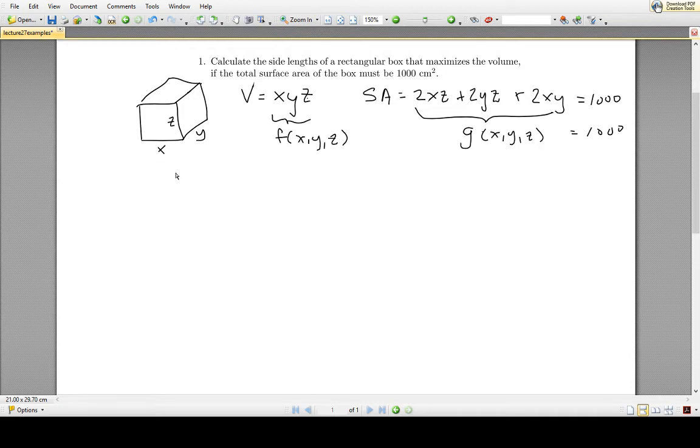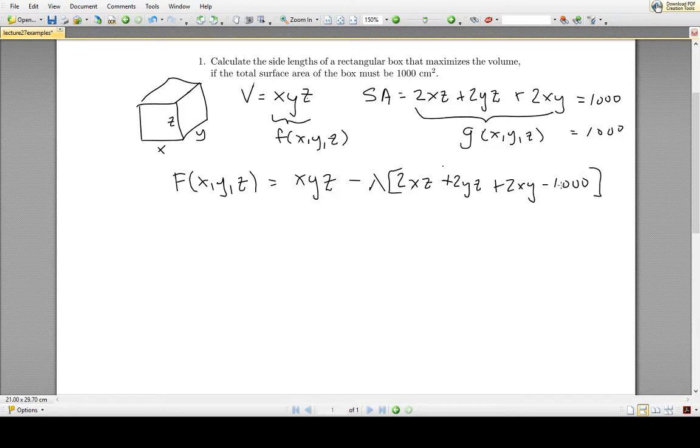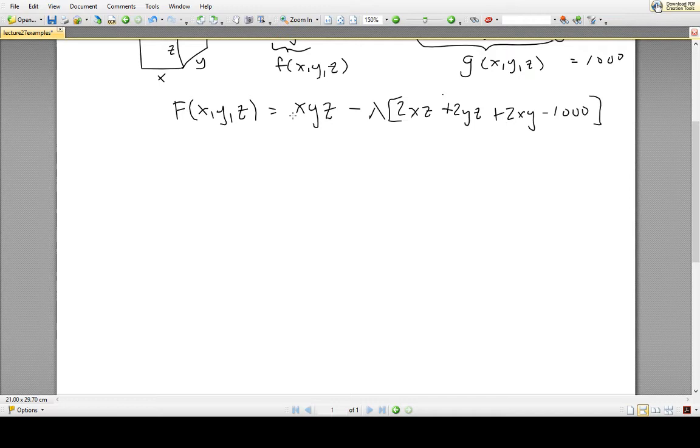So I can make the function capital F of x, y, z, equal to the function I'm trying to maximize, xyz, minus lambda times the constraint, which is 2xz plus 2yz plus 2xy minus 1,000.